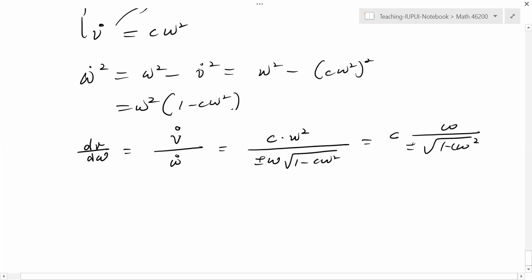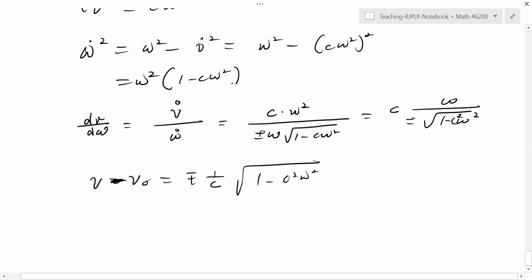Then you integrate, and after you solve it, it's minus plus, I think, 1 over C times the square root of 1 minus C squared W squared. What does that tell you?